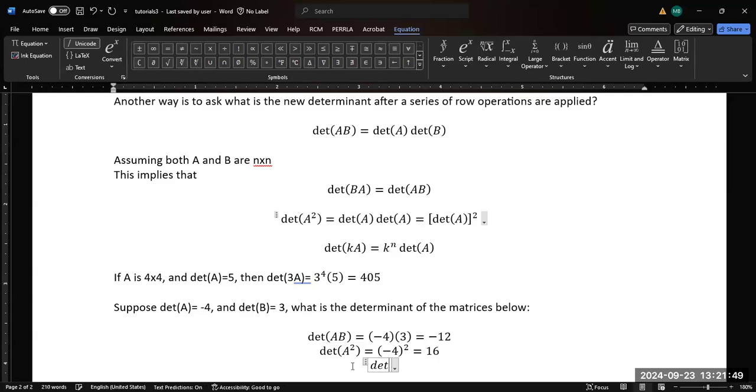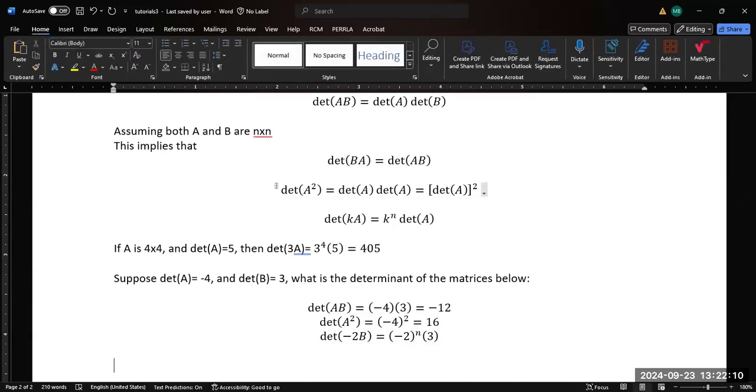What about det -2B? I didn't specify in the setup the number of rows, so this would be (-2) to the n times 3, and I couldn't go any further than that.